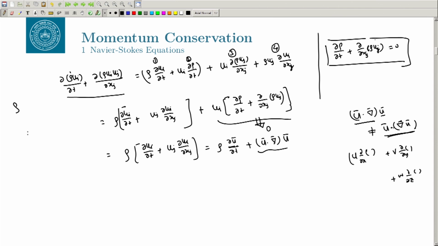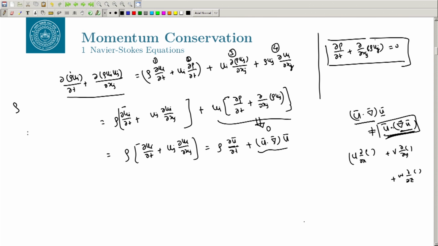But this is different, here you are first taking the gradient of a vector, right, if you do ∇u here. So, then it is basically a tensor and you are taking a dot product of a vector u with that tensor. So, this is not the form that we have in the Navier-Stokes equations, right.